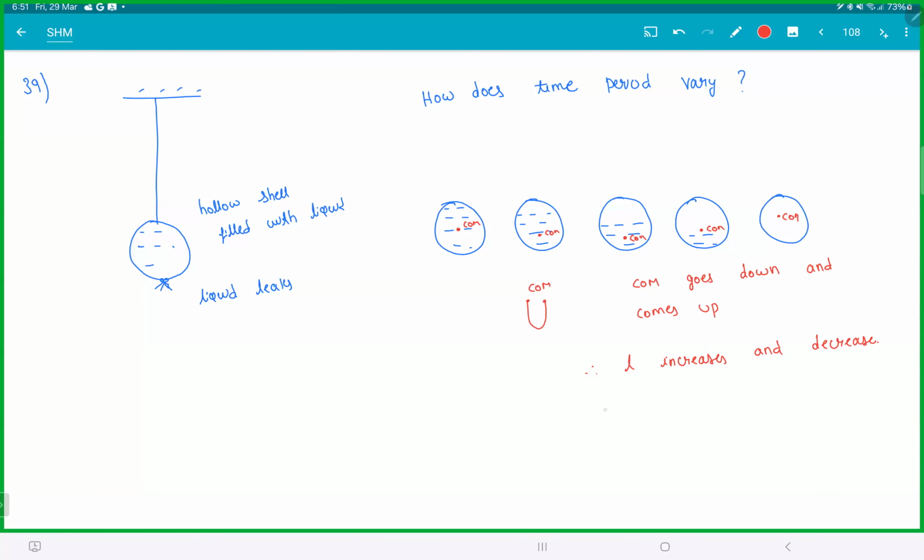So here L is the distance between center of mass and the hinge. So therefore, time period increases and decreases. Easy? Yeah.